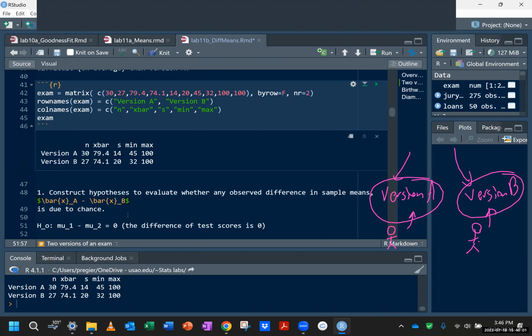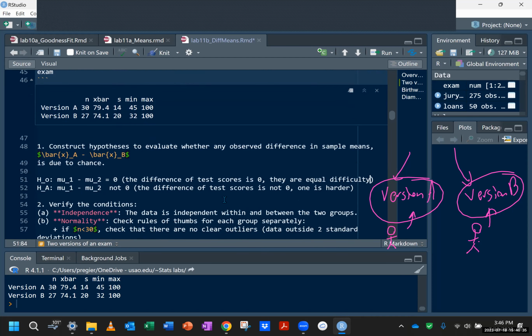Of all people who would ever take this test, there's no difference. The alternate says, no, of all people who take this test, the difference between the two groups is not 0. So this would be the unfair exam, where one is harder. In the null, they are equal. So this is the hypothesis we're testing.